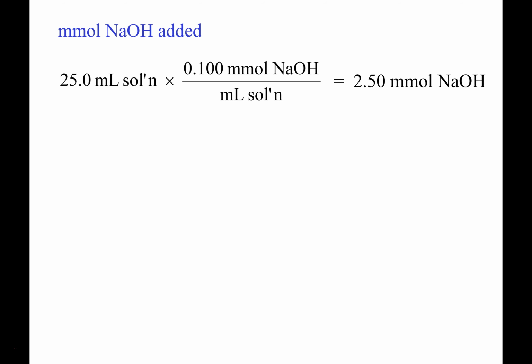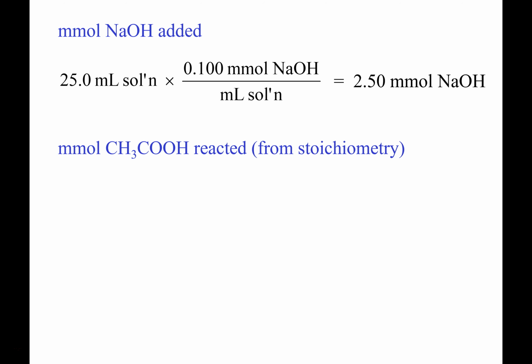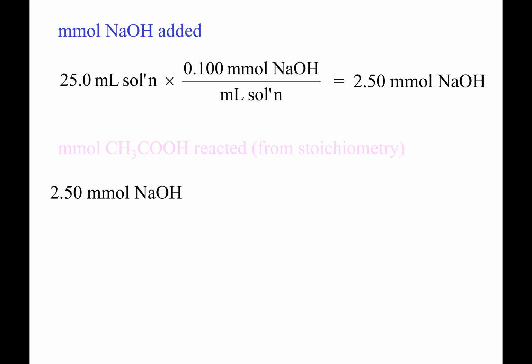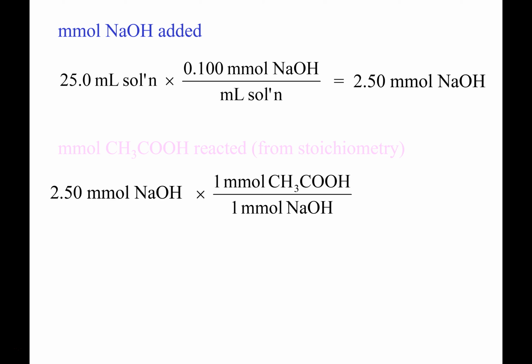And that's why it's the equivalence point. I'm going to erase some of this other stuff. So the millimoles of the other reactant that has been used, we're going to go with the 2.50 millimoles of NaOH. So stoichiometry is 1:1.